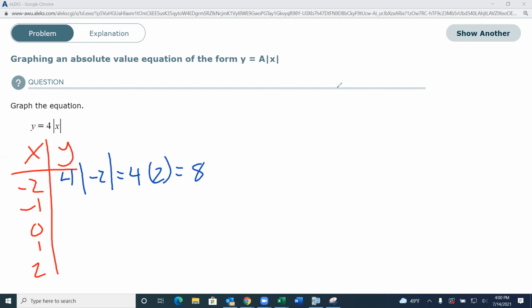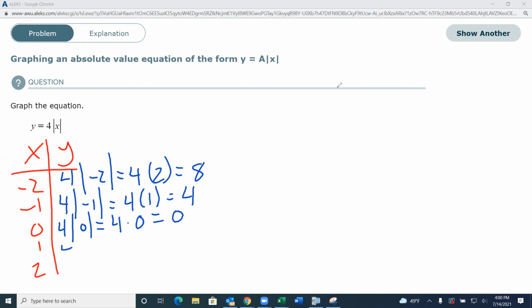What about when x is -1? That's 4 times the absolute value of -1, which is 4 times 1, which is 4. And for 0, 4 times the absolute value of 0, which is 4 times 0, which is 0. And then a 4 and an 8, doing those same things.